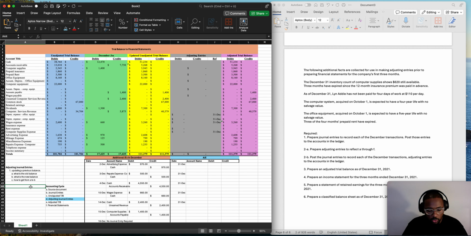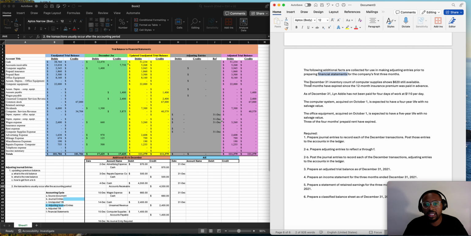One of the things you also want to know about adjusting journal entries is the transactions usually occur after the accounting period. Okay. So that's very important. Once the accounting period is over, there are going to be some transactions that occur after the accounting period.